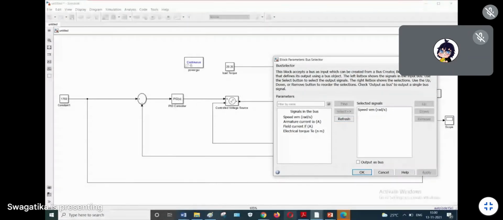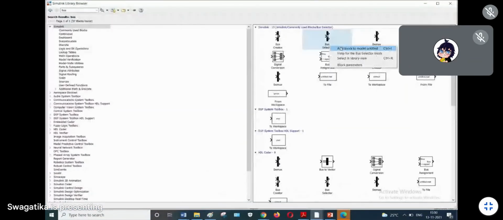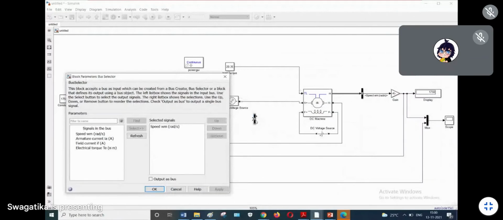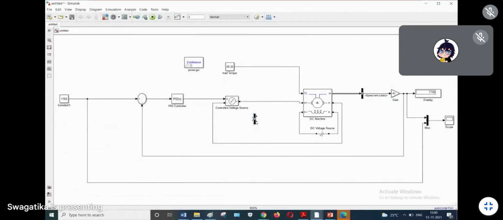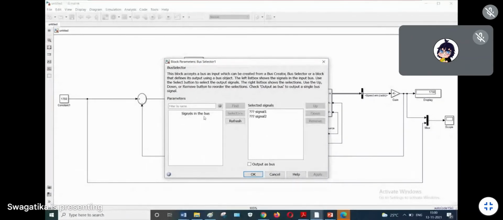So let's see. By default, the signals in the bus are there, signal 1, signal 2. It will look like this. You have to remove these signals. Select signal 1 and remove. Then select signal 2 and remove.